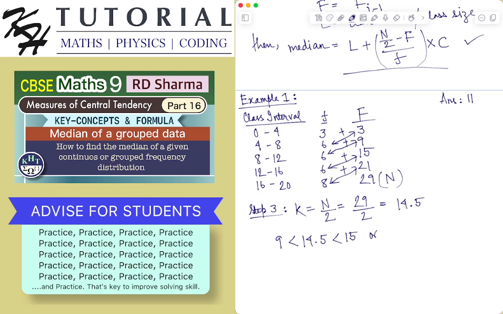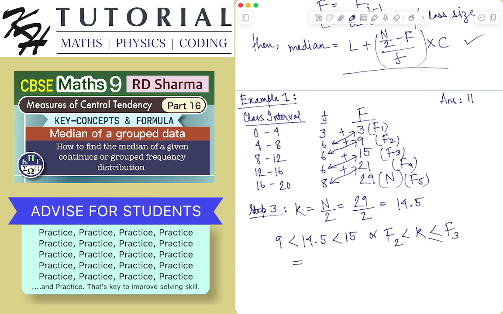Now this is F1, this is F2, this is F3, F4 and finally F5. So F1 is 3, F2 is 9, F3 is 15, F4 is 21, F5 is 29. We clearly now see that the value of K is lying between F2 and F3.